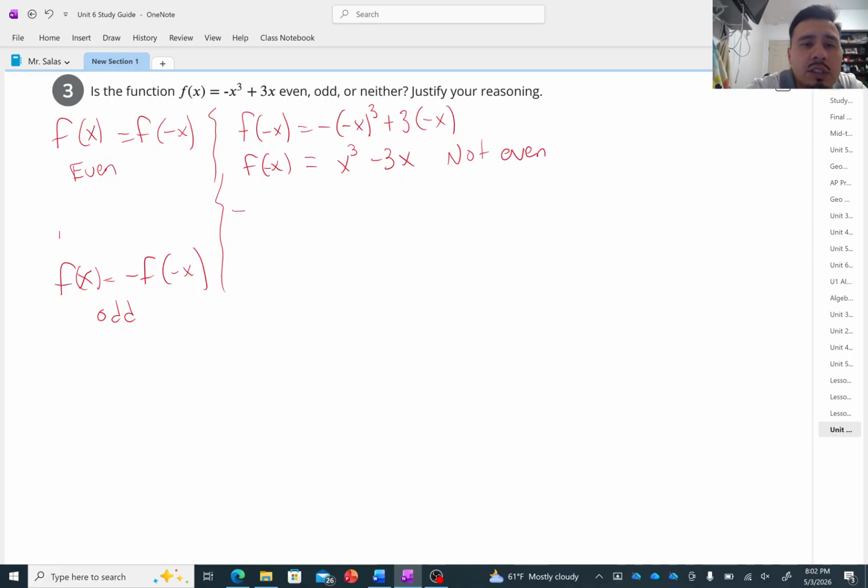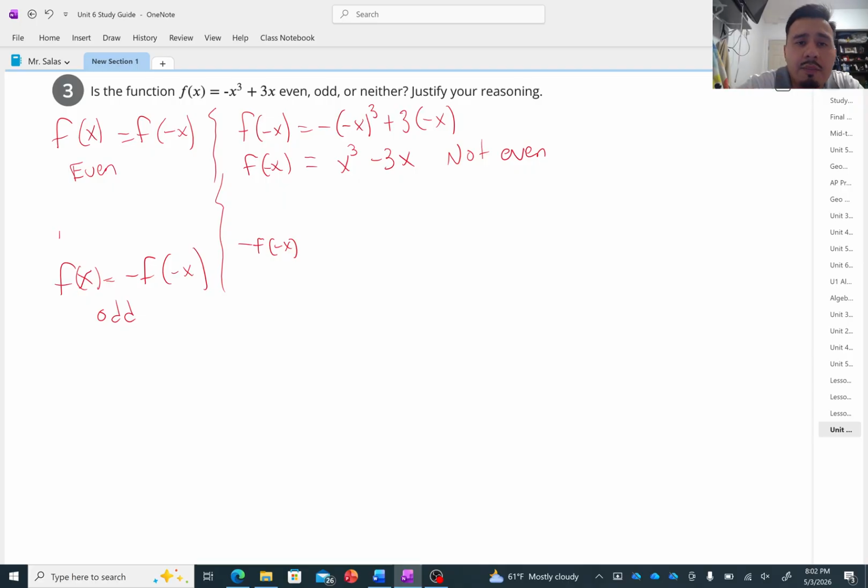For odd, it tells me to continue, but now I got to make it negative. Okay, I found another gap. Let me move this a little bit lower. Negative f of negative x. So I continue.